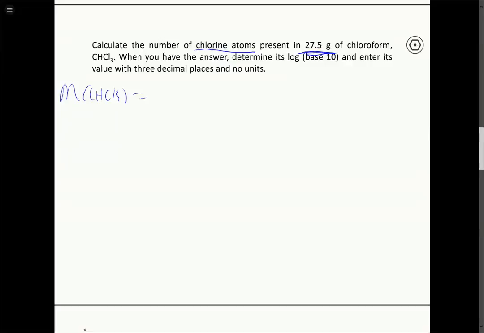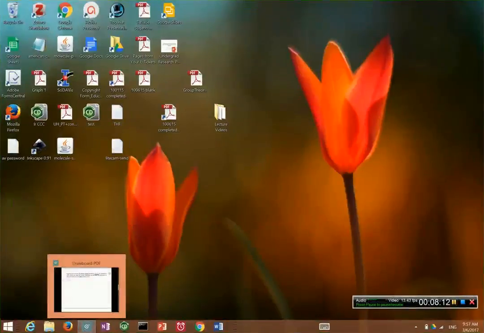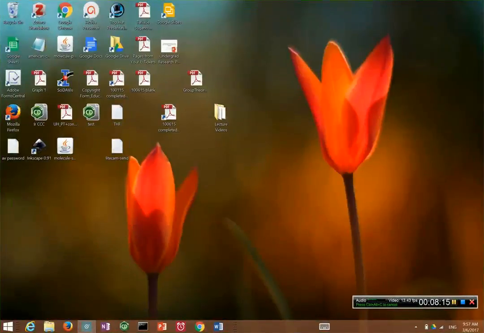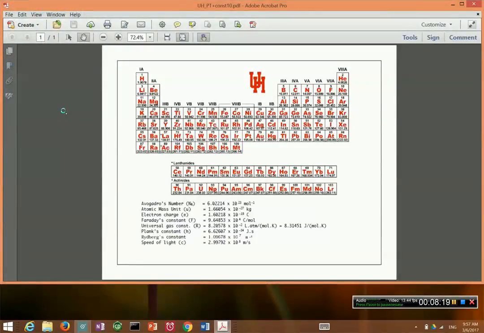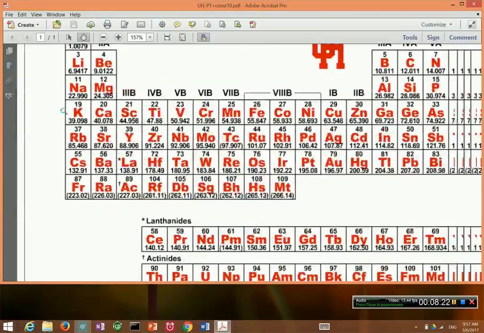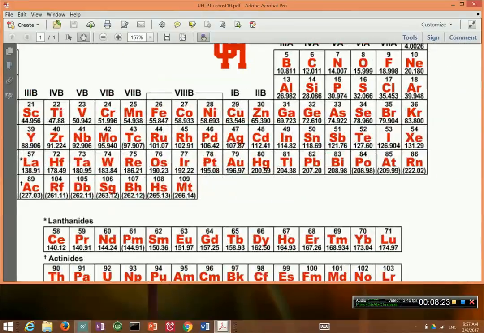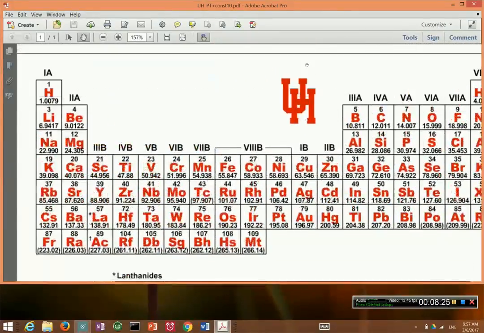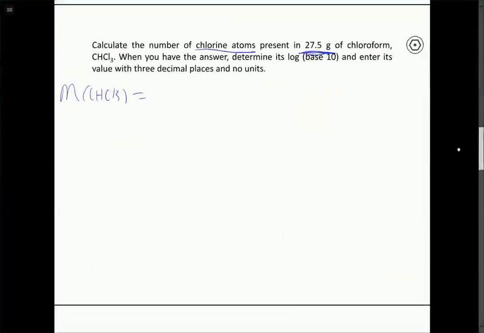which is going to be the atomic masses added together. So if we pull up the periodic table, the atomic mass of carbon is 12.01, hydrogen is 1.008, chlorine 35.45. So we add up all the masses. We have one carbon atom which has a mass of 12.01.